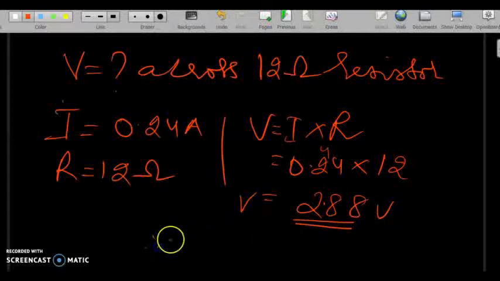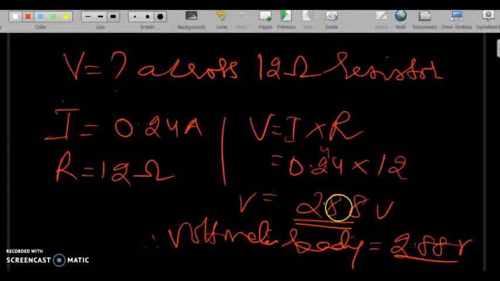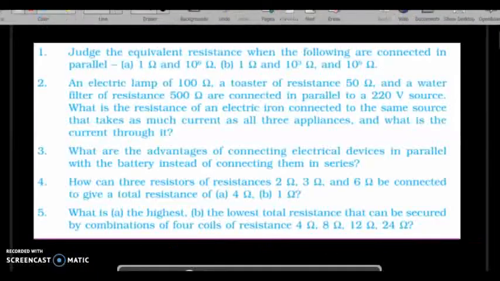Therefore, the voltmeter reading is equal to 2.88 volt. So that's it, children. This is how we conclude that first answer. Now we'll work the exercise questions from page number 216.